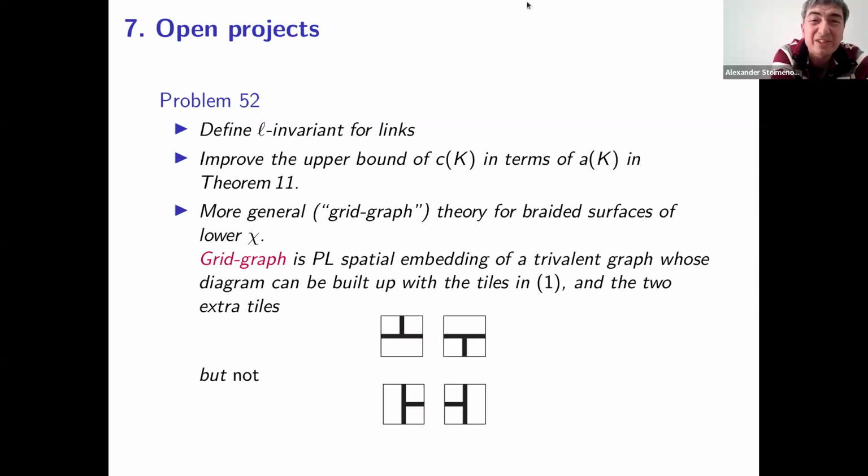So of this form, but not of this form. When you want strands to go from left to right and bends to go up and down, then you can allow the first type of the crossings and the other one not.